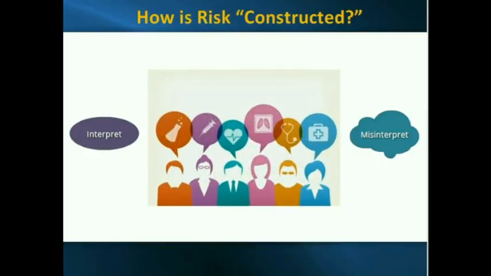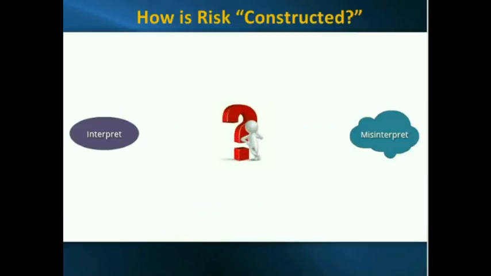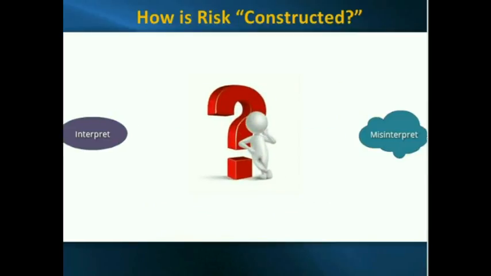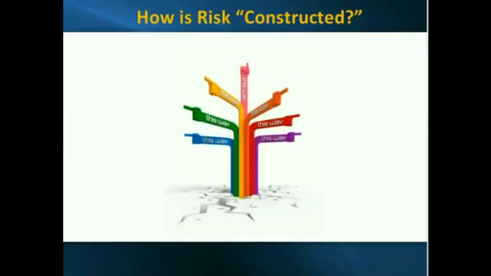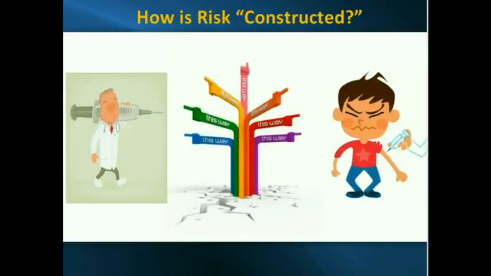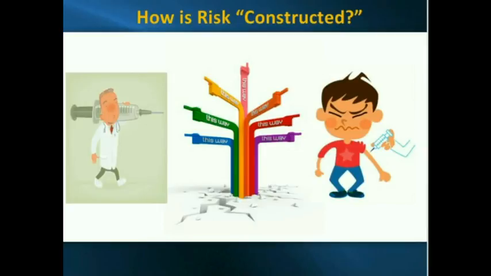Vaccines are a great example, and autism is a great example. Even though there is well-established scientific consensus that vaccination does not lead to autism, among certain groups, that information may be misinterpreted to suggest that it is still an open question. And so this contestation between two groups, pro and anti-vaccine, will lead to a particular construction of risks.